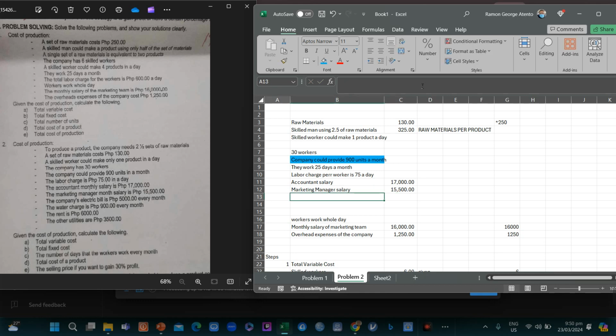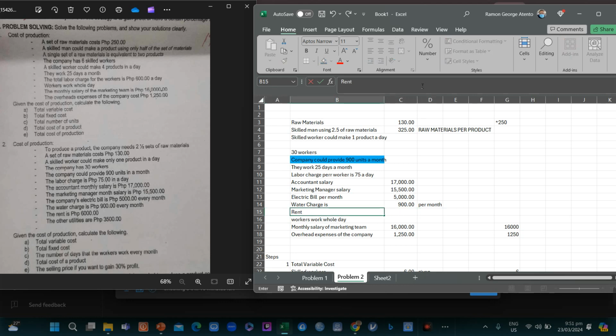It's not even updated. The electric bill per month is 5,000. You should see how I'm doing it, putting it in the amount column every time. The water charge is 900 per month. You just put it here so that you will understand it's per month.